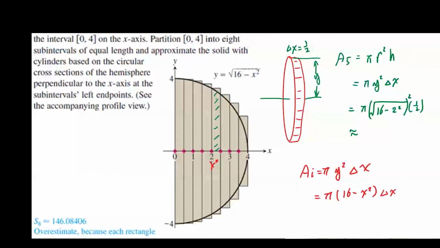This is the formula for the value of all of these disks. Did I call it A? Oh my God, I'm losing it. I have to call it V. These are no longer areas, right?